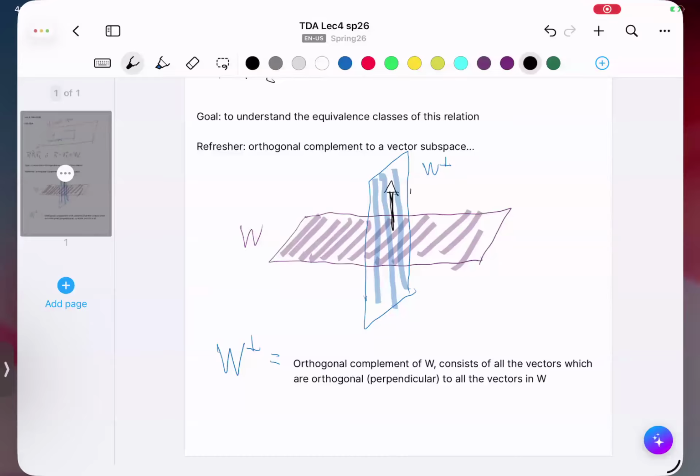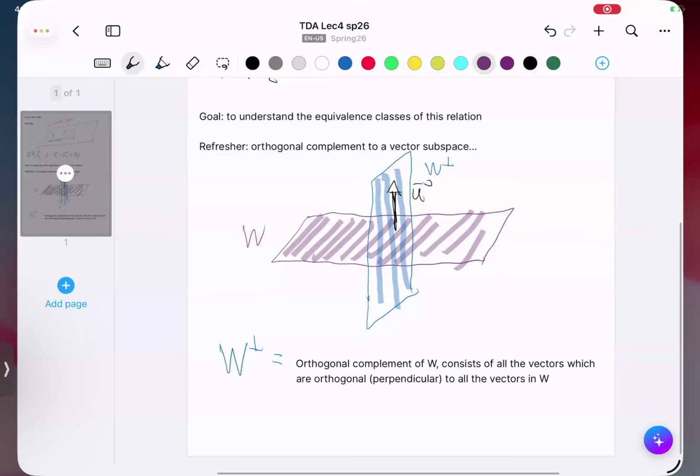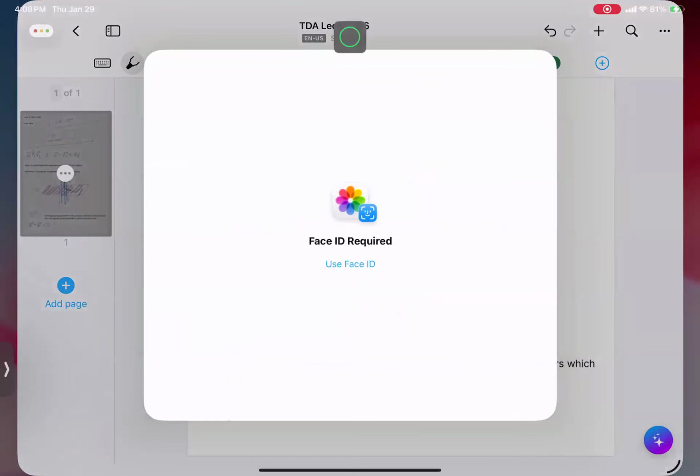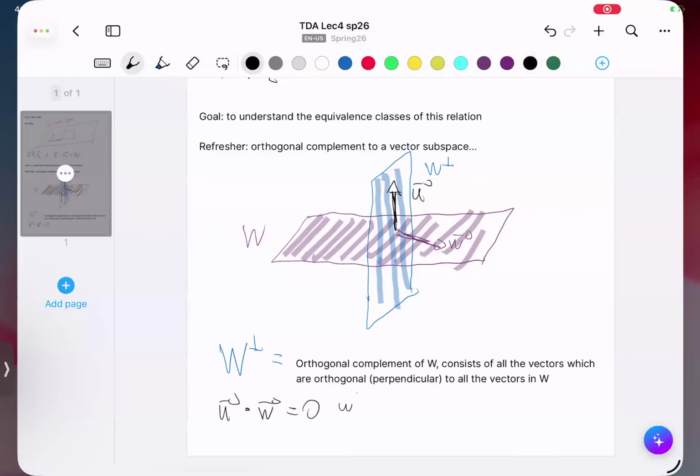If you had a vector U, and then you had a vector W, their dot product being 0 is another way of saying that they are orthogonal. Whenever U is in W perp, sorry, and W is in the vector subspace W.